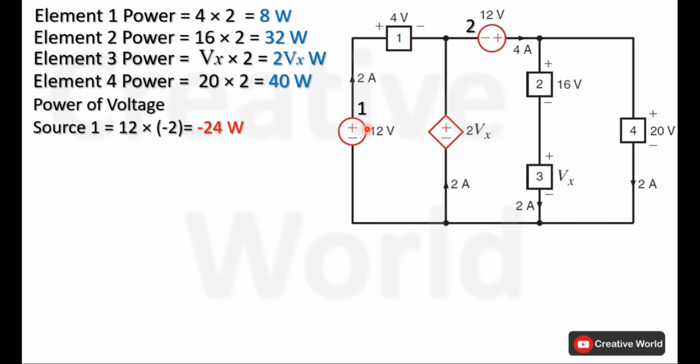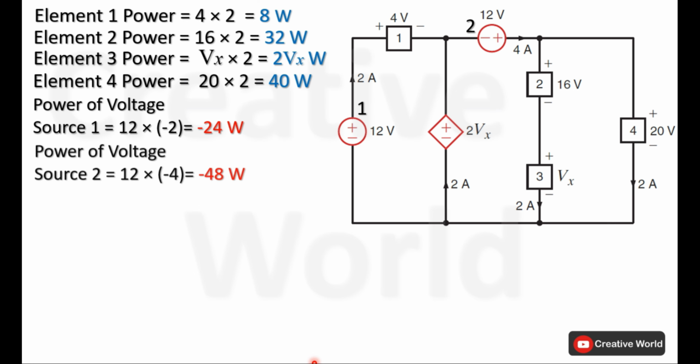Power of voltage source 1 will be voltage across it 12 volt and current through it 2 ampere. And this current is entering from negative terminal and leaving from positive terminal, so this current will be taken with minus sign. And the power of this voltage source will be 12 multiplied by minus 2, that is minus 24 watt. Because of minus sign, this power is being supplied through this voltage source 1.